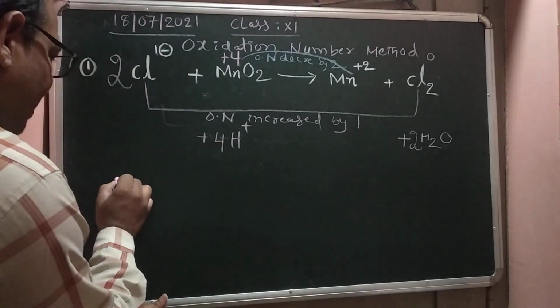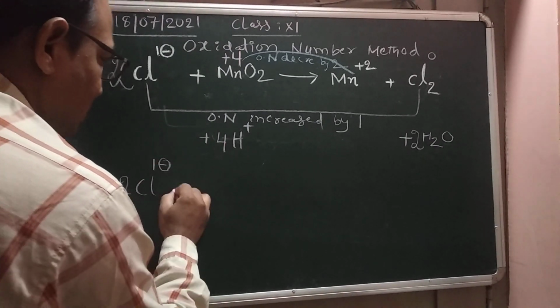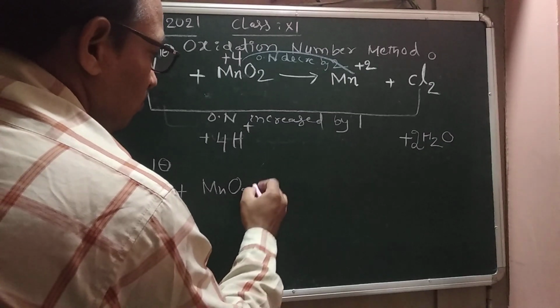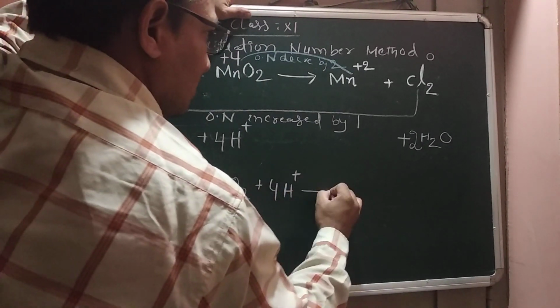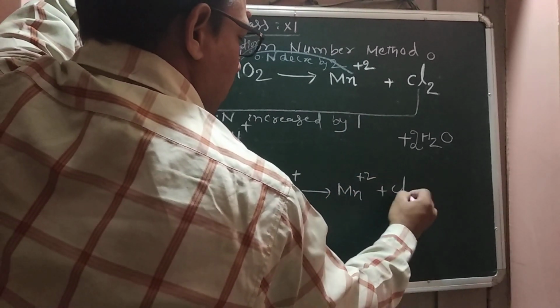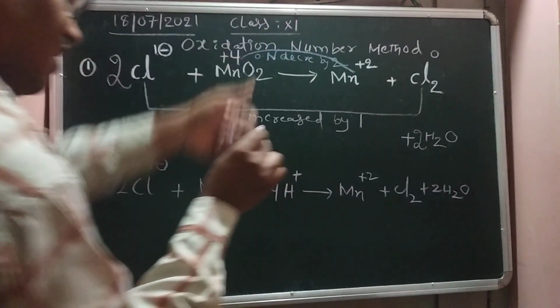Now the final equation I am writing, you check: 2Cl minus plus MnO2 plus 4H plus gives Mn 2 plus plus Cl2 plus 2H2O. This is the equation.